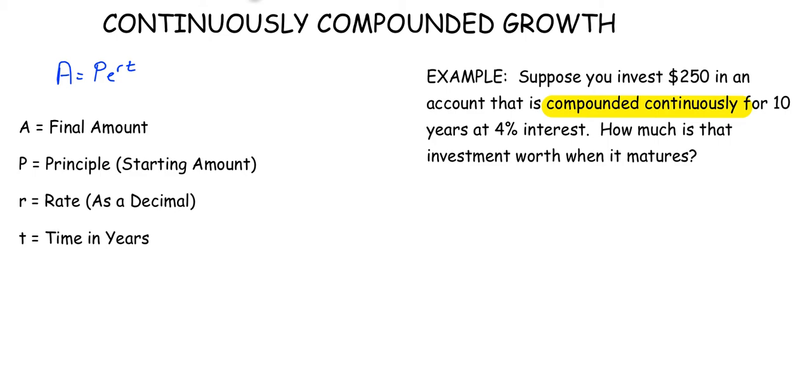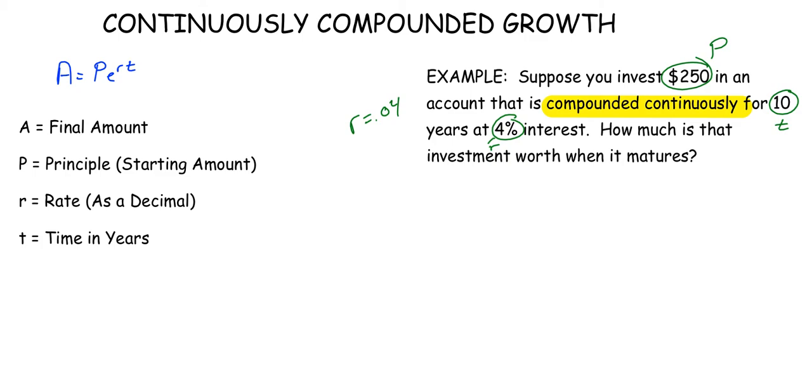What we're going to do is say that the original investment is my value of P. Ten years, that's my value of T, and 4% interest, that's my rate. Again, I just have to make sure I put it as a decimal, so my rate equals 0.04.